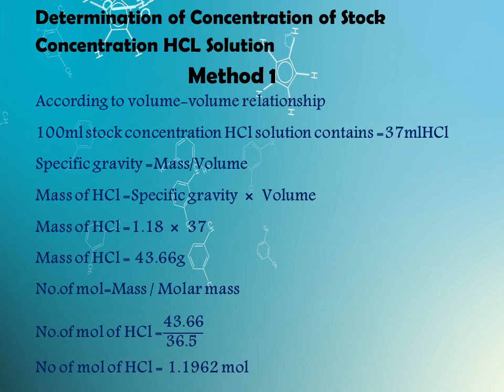So the mass of HCl is equals to specific gravity multiplied by volume, which is 43.66 gram. Now find out the number of moles. So the number of mole is equals to mass divided by molar mass, which is 1.1962 mole.